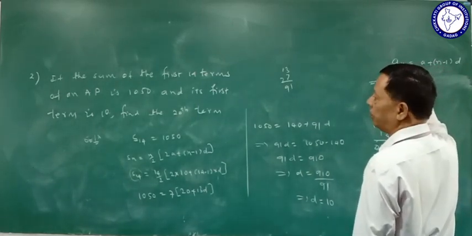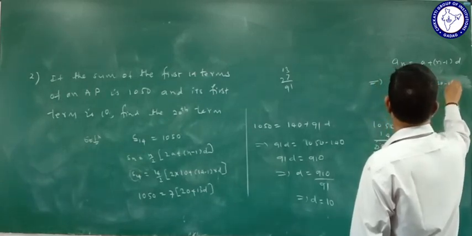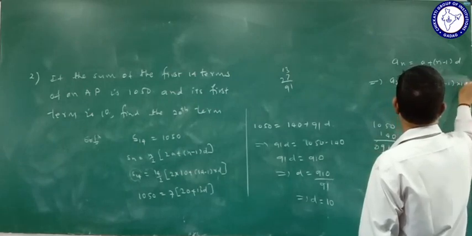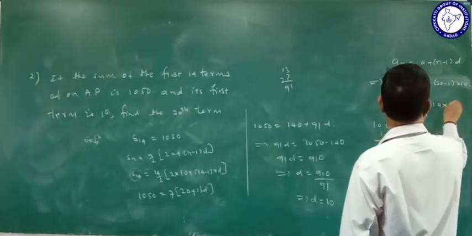First term is how much? First term is 10, plus (20 minus 1) into 10, that is 10 plus 19 into 10.